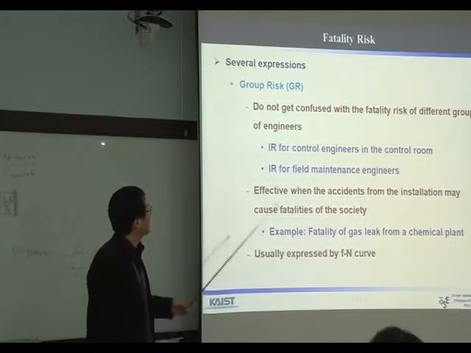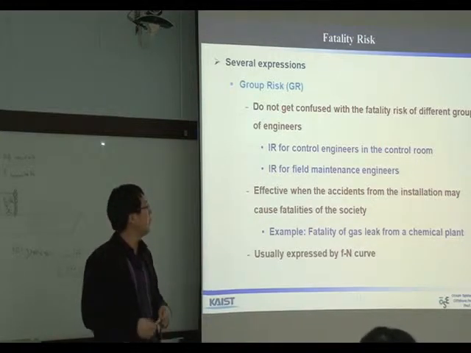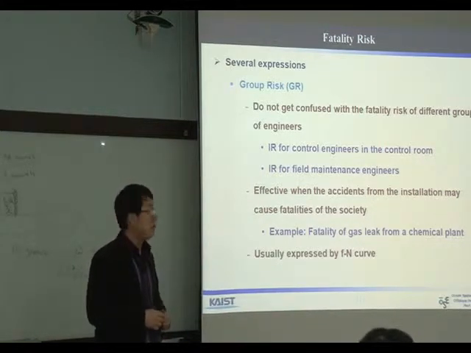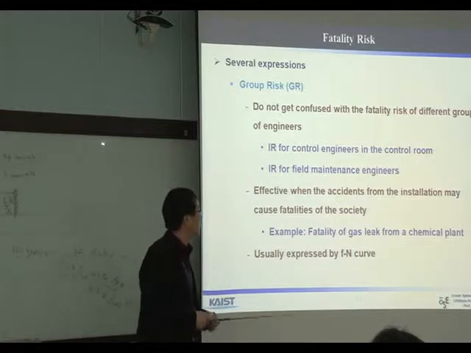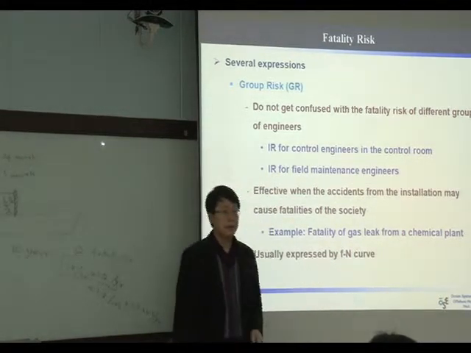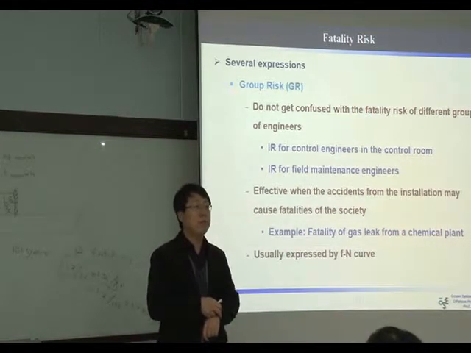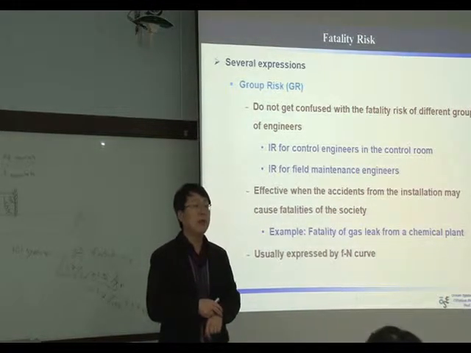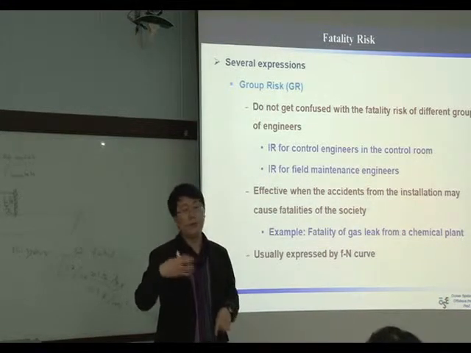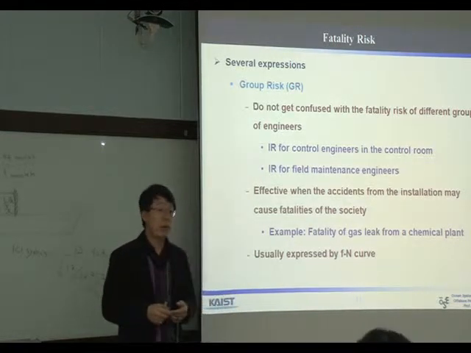So this concept is effective when the extent from the installation may cause fatalities of the society. For example, fatality of a gas leak from a chemical plant. There is a chemical plant and there is a big gas leak and many people can die. So we can estimate the risk of the people around the chemical plant.